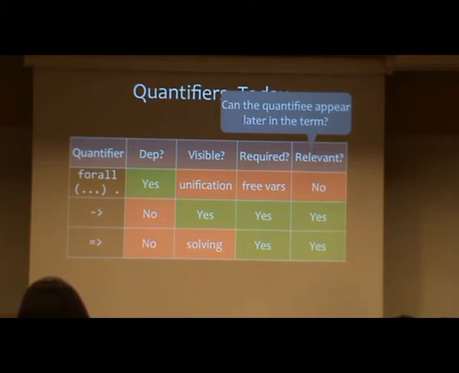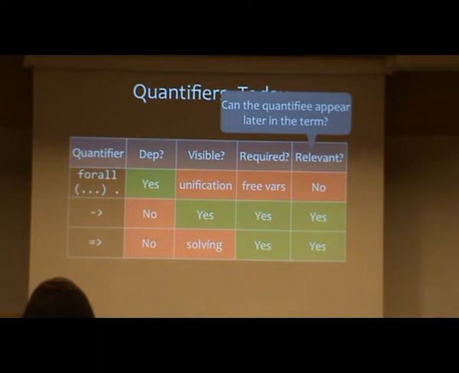To a first pass, you could think of this as not erased, but it's a little bit more complex than that. For forall, the quantifyee is not relevant because we can't then use a forall-quantified type in a term. For arrow and double arrow, we can. Again, for double arrow, this is a little funny because we don't syntactically write it there, but it is around at runtime.